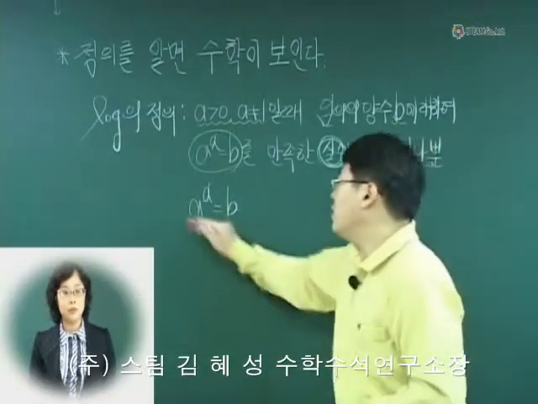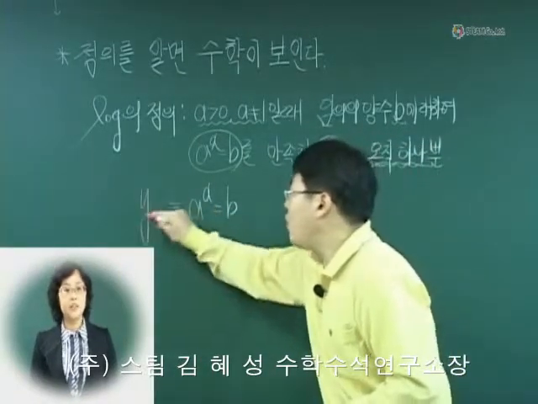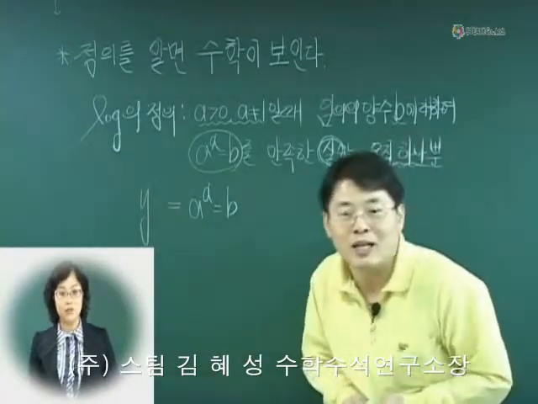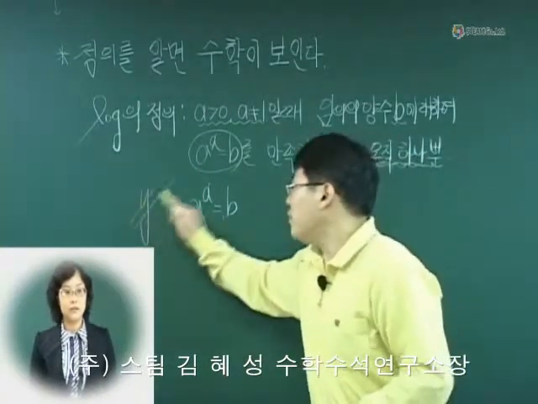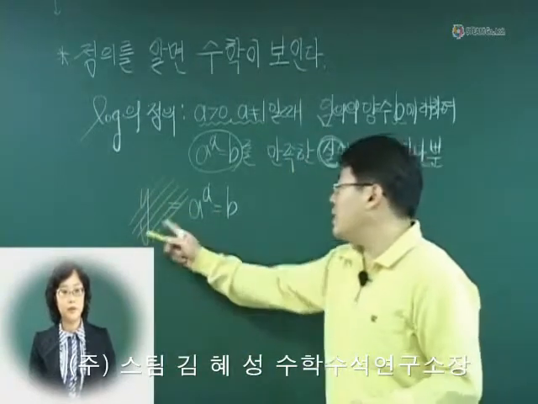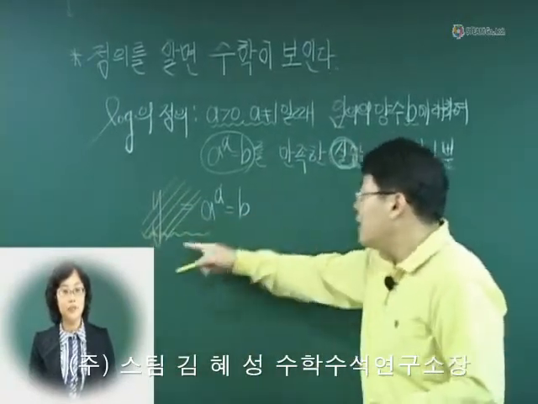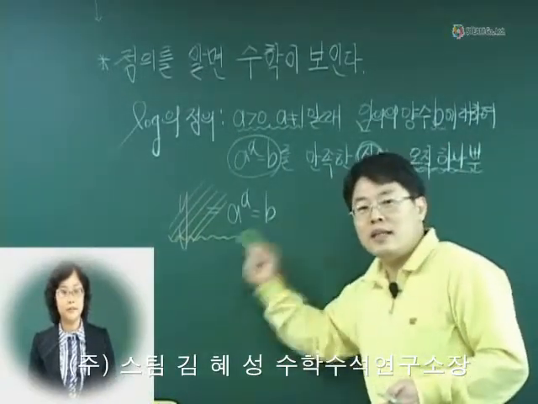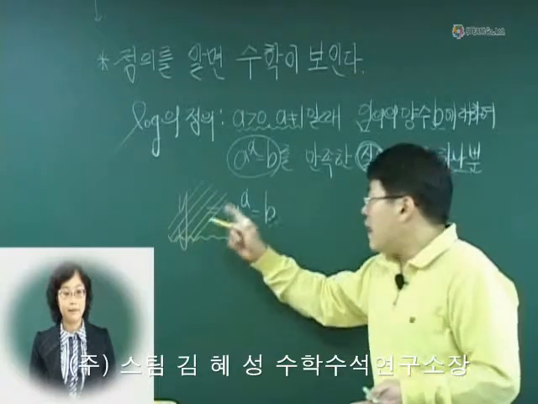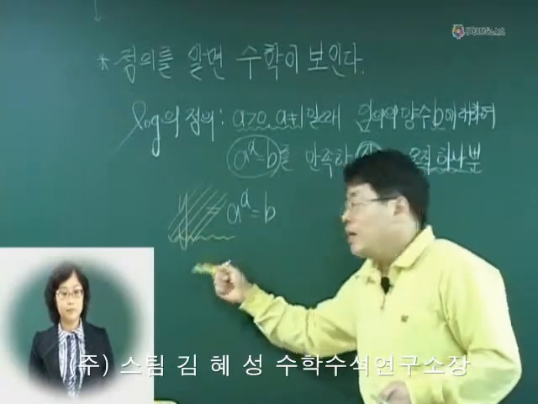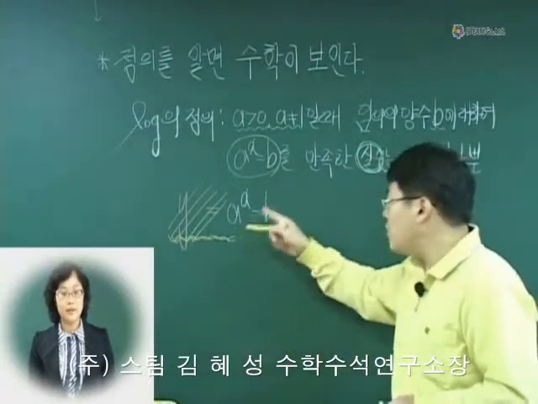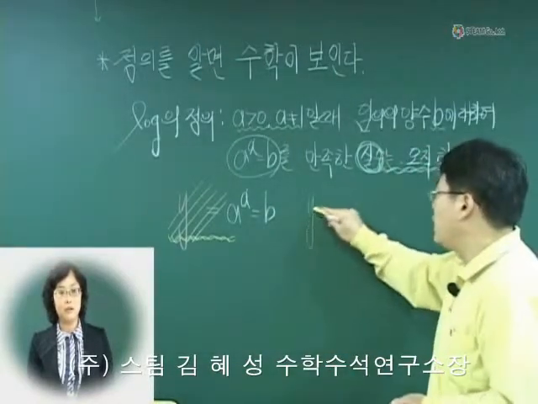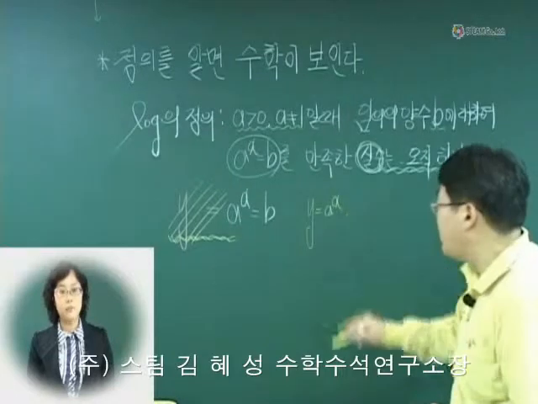What do we do? Let's say, in here, y is omitted, that I have already taught you. You have to bring it in your mind. You have to draw a picture in your mind. What can we say again? Let's say y equals a to the x power, y equals b.